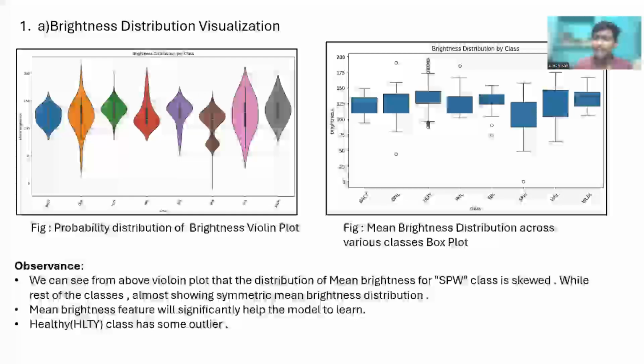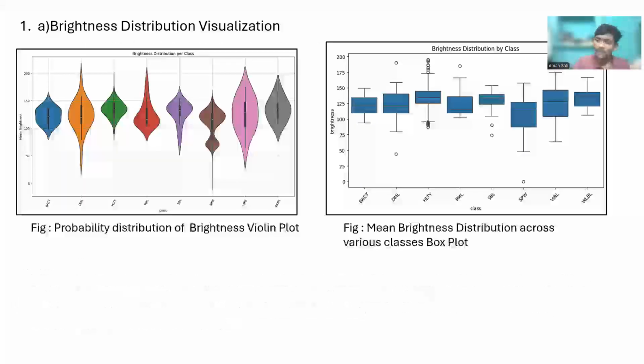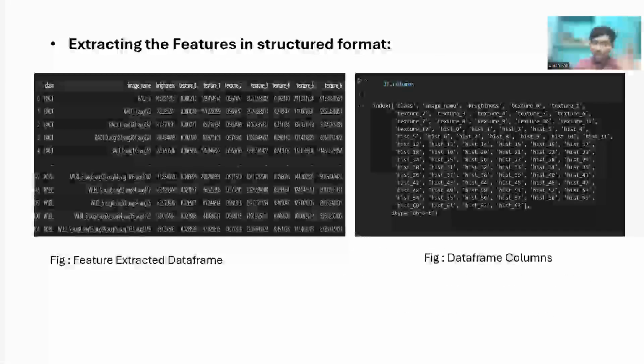And I believe the number of outliers is very small. This will not cause any dramatic change while the model is learning, right? So I have assumed that this will not cause any significant change because of this limitation in data size, right? So till now we have extracted and explained all the features.